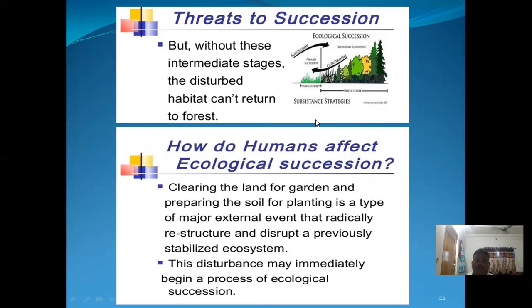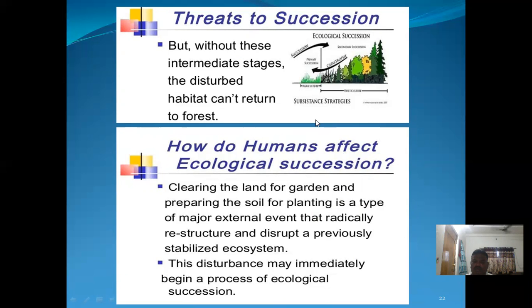Now the human effects on ecological succession. Clearing the land for a garden and preparing the soil for planting is a type of major external event that radically restructured and disturbed a previously stabilized ecosystem. For example, forest. In a forest, what will happen?